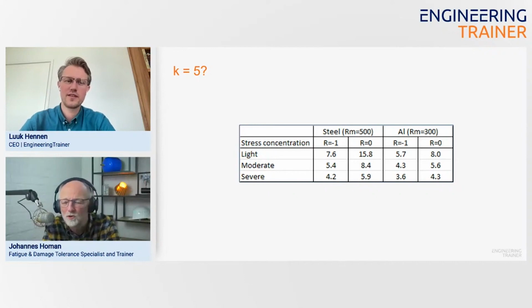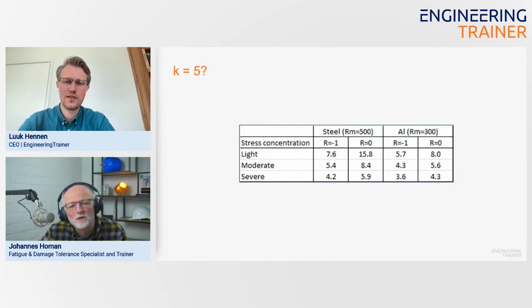What I've done some time ago is making a short overview of how those k values vary with different situations. For example, I made the calculations, or not really calculations, it's just estimations, where I have a certain fatigue limit and a certain, let's say, upper limit, strength of the material, different Kt values, stress concentration that's not very severe, that's moderate, and that's severe.